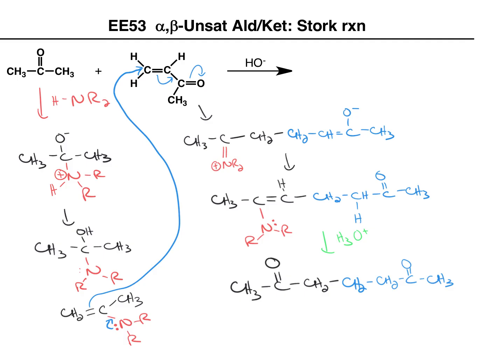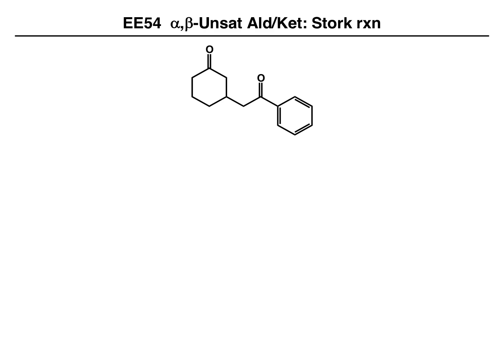So the Stork reaction gives us yet another alternative to trying to do conjugate addition directly. This time we are going through an enamine to do the conjugate addition, and then we hydrolyze the enamine to get back the carbonyl.